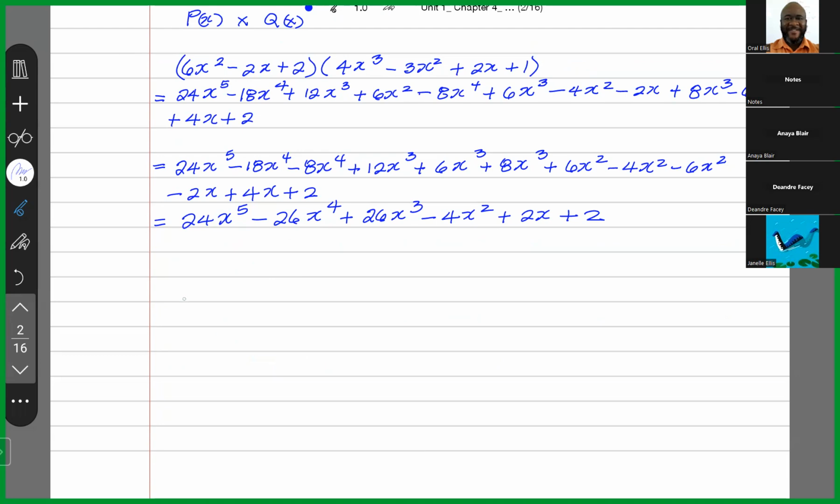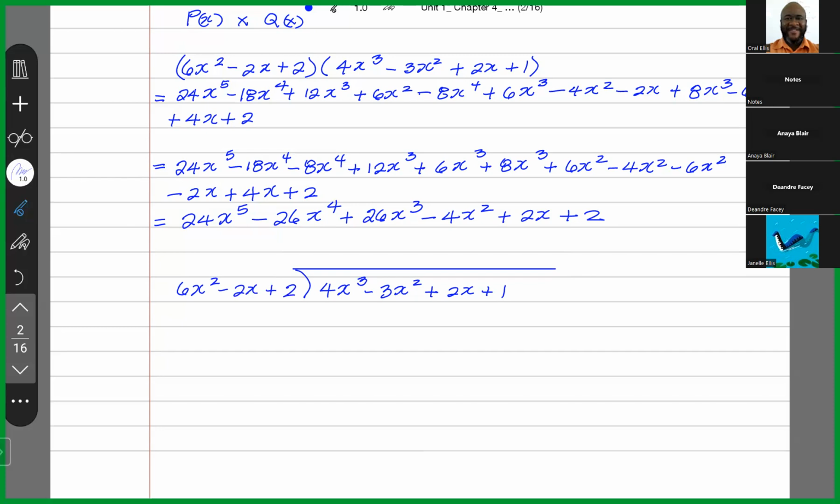So we divide P of x, which is 4x cubed minus 3x squared plus 2x plus 1, and we're dividing by 6x squared minus 2x plus 2.